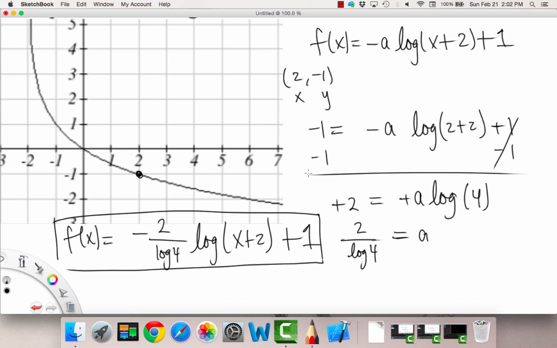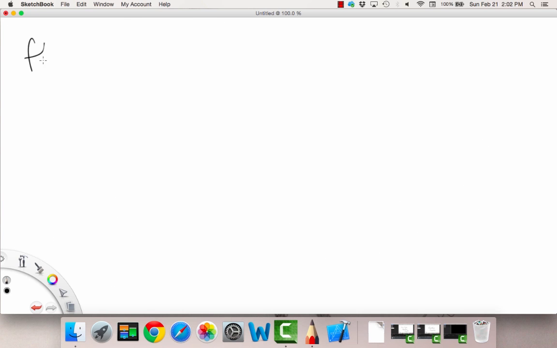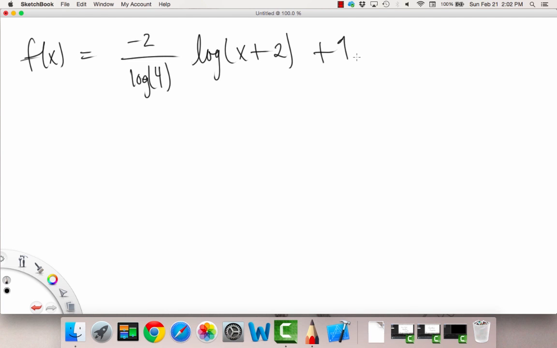Also, we can manipulate stuff around in order to get something that looks a little bit more pleasant. So let me do that on the last slide. So we have right now f of x is equal to negative 2 over log of 4, and then times log of x plus 2, and then plus this 1 over here.